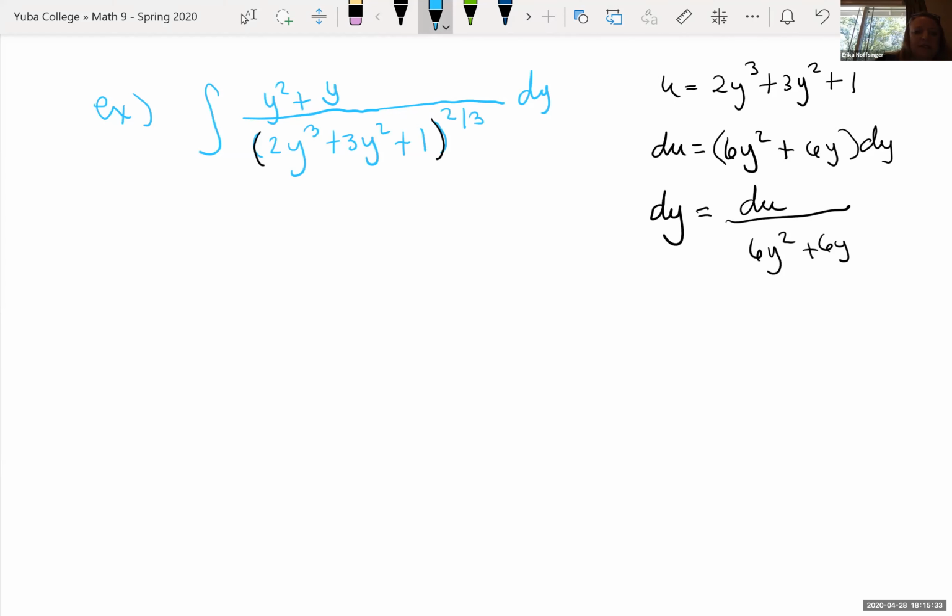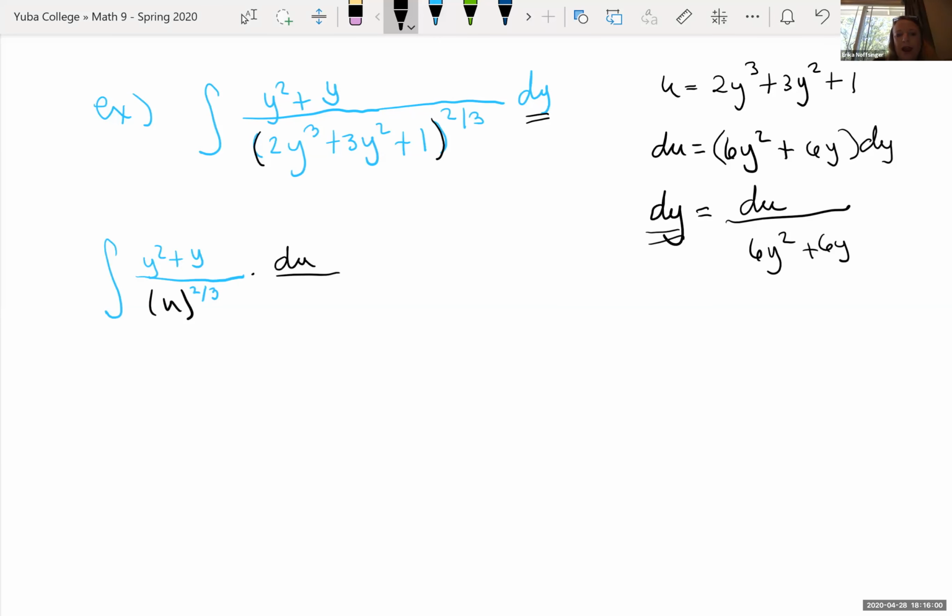So replacing, we have the integral of y squared plus y all over, we chose this to be u, but that u is still raised to the 2/3 power. And then our dy is really du all over.